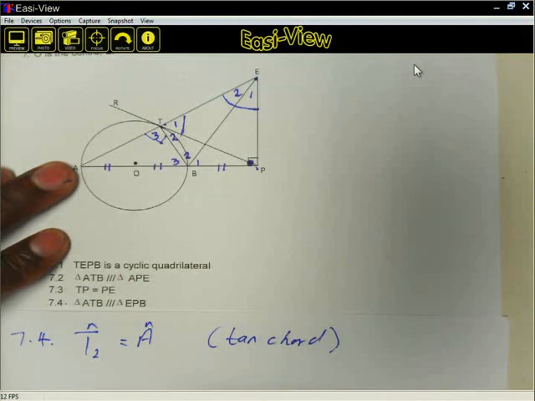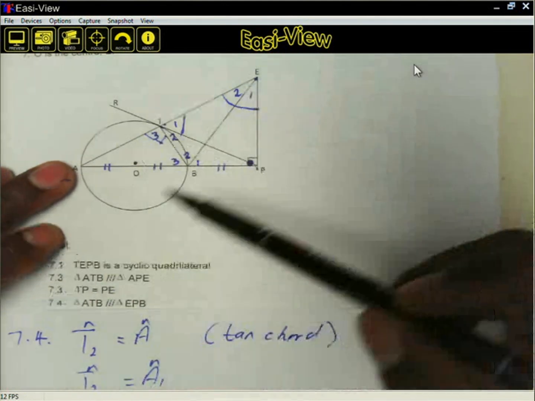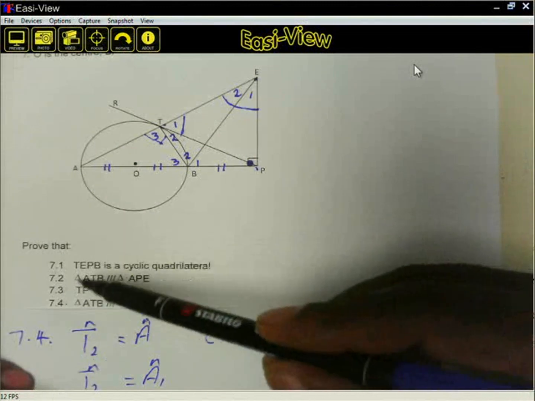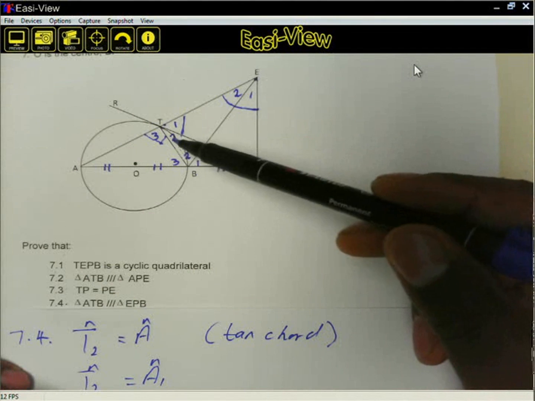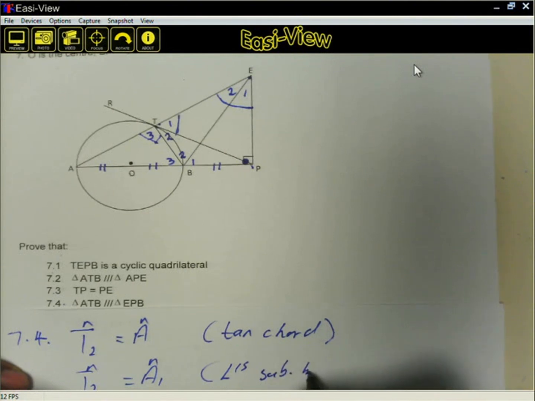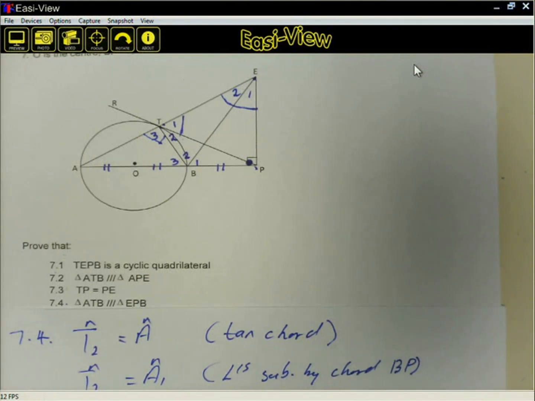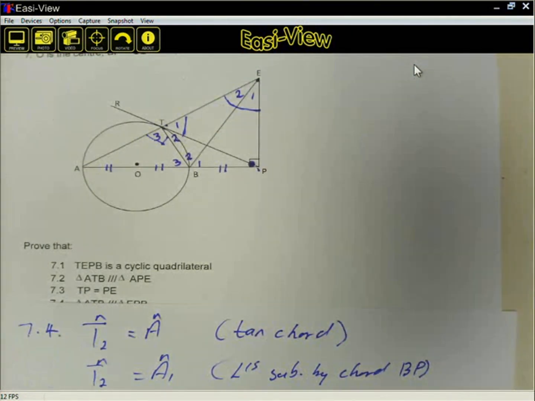T2 is equal to A1. Why? Remember, in number 1, we have proven that TEPB is a cyclic quadrilateral. So if TEPB is cyclic, it means T2 and E1 are angles subtended by the same chord, and that chord is BP. That's why we say T2 is equal to E1.